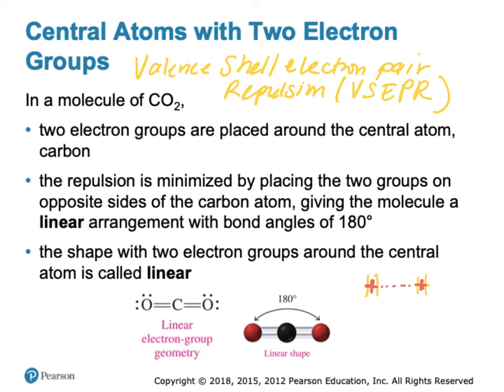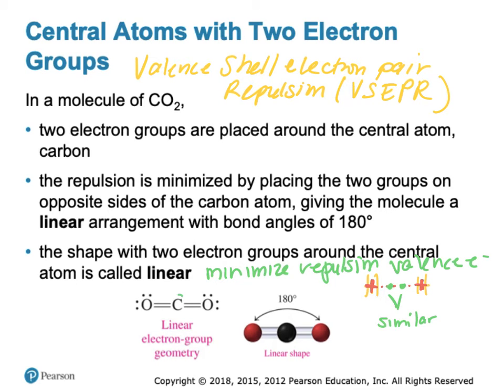The same holds true for those two electrons. These two charges are similar, and they can only get so close to each other, and then they become repulsive. So what we're trying to do when a molecule assumes a certain shape is minimize the repulsion of those valence electrons. So let's look at carbon dioxide.